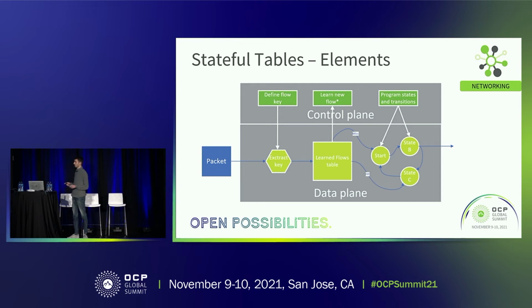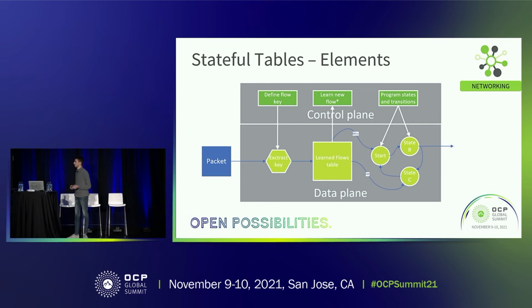The event for the table learning that flow is when we have a miss on the table. Let's say we reached our stateful table. It already has some entries. Our key does not match any of those entries. It means that we have a miss, and on a miss we will go to the start state, and the table will decide if it wants to learn that connection or not.